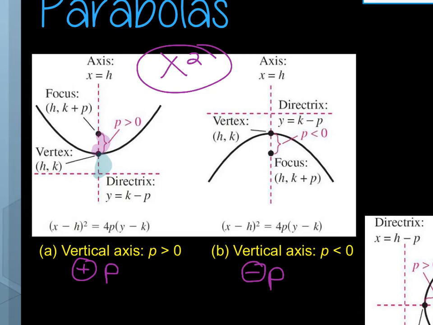The difference is where the vertex and the focus go. The focus always goes inside the curve and the directrix always goes outside the curve, so that your parabola cannot pass through your directrix. It always points opposite the curve. If my parabola opens downward, the distance here is still p. The distance here is still p. The difference is that obviously the focus is underneath the parabola because it folds around it.